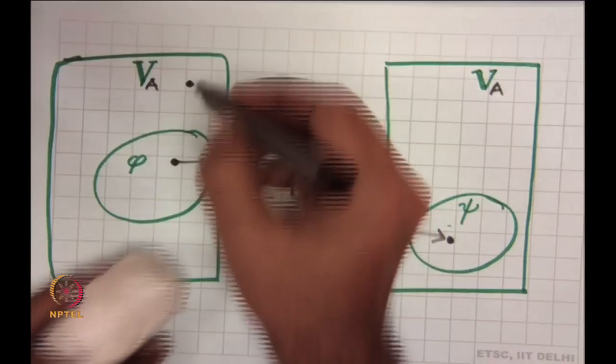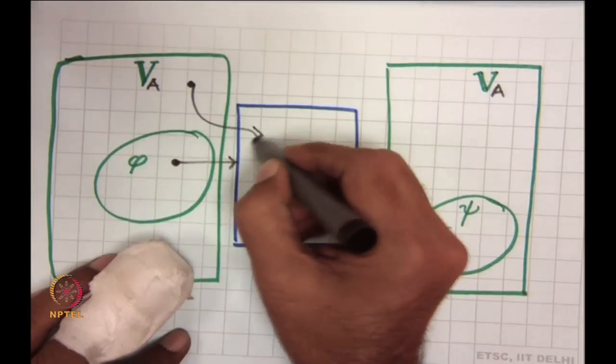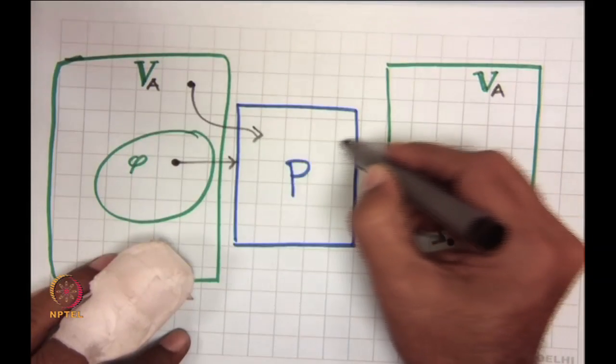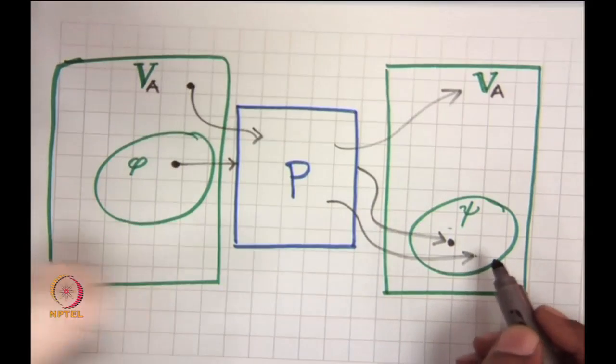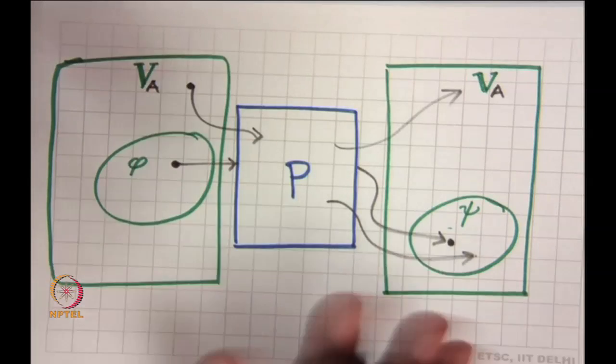Okay. So, if you give this as input and it goes off somewhere here or it goes off into this also, it does not prove anything.